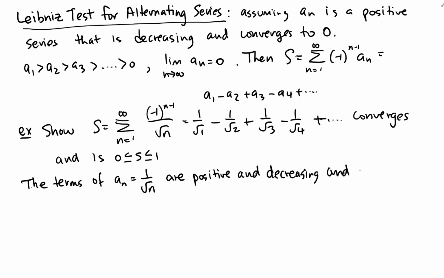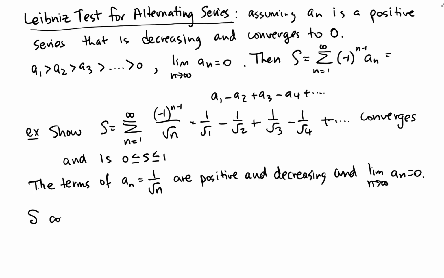And they have a limit as n gets closer and closer to infinity of 0. So by the Leibniz test for alternating series, S converges.